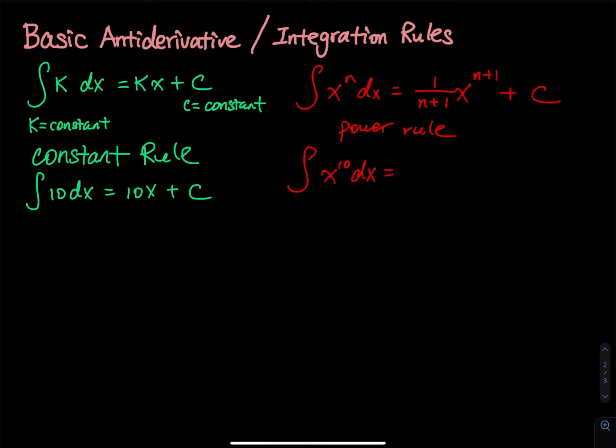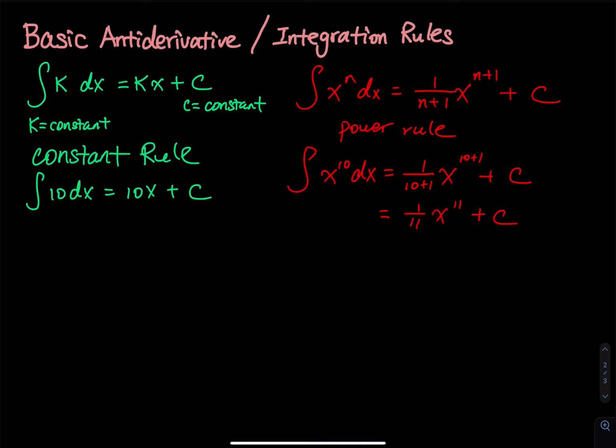This is x raised to the 10 plus 1 divided by 10 plus 1, and then you add c. So that is 1 over 11 x raised to the 11 plus c. When you take the derivative of this, you can easily get x to the 10th power back. So that is called the power rule.